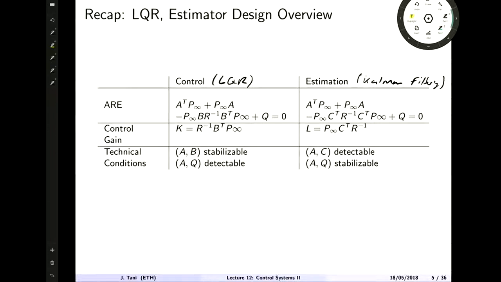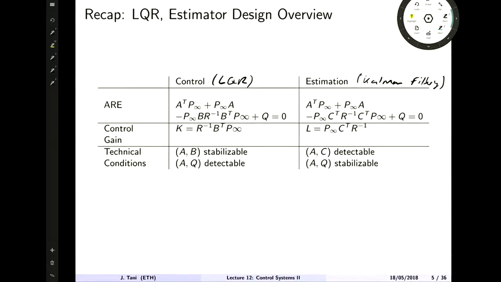In both cases, we have an algebraic Riccati equation that we need to solve. So you see that here in the first column. And in both cases, we have then a resulting control gain K or observer gain L, which has part of the Riccati equation solution P infinity inbuilt, and which we then apply.